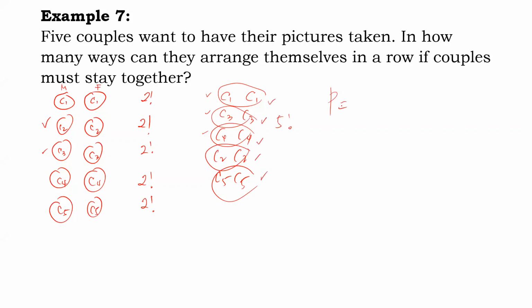The permutation is equal to 2 factorial times 2 factorial times 2 factorial times 2 factorial times 2 factorial, times 5 factorial. So, by simplifying, the total number of arrangement is equal to 3,840 arrangements.